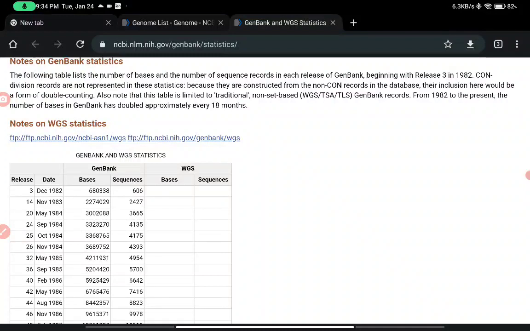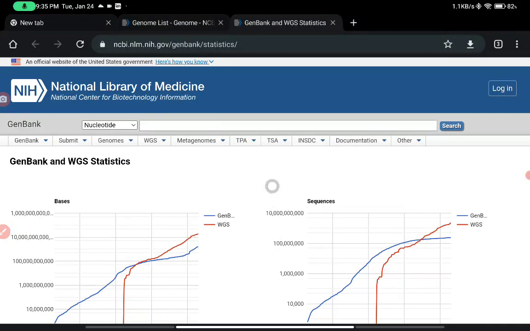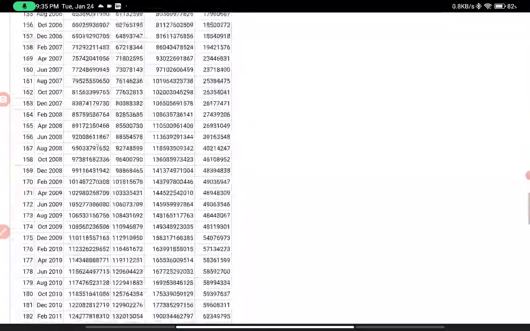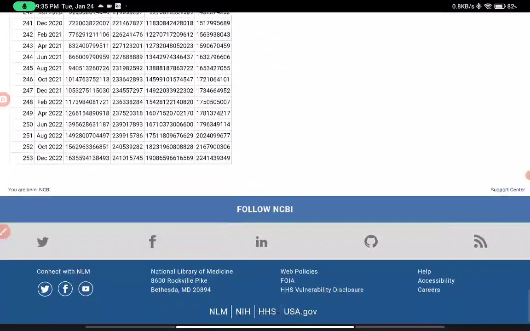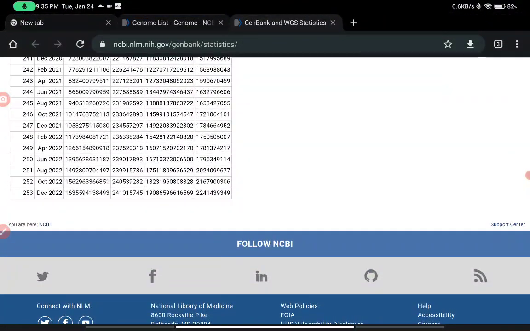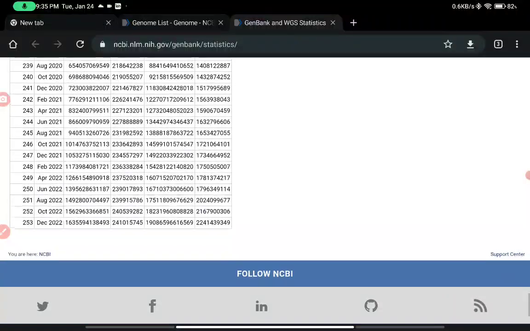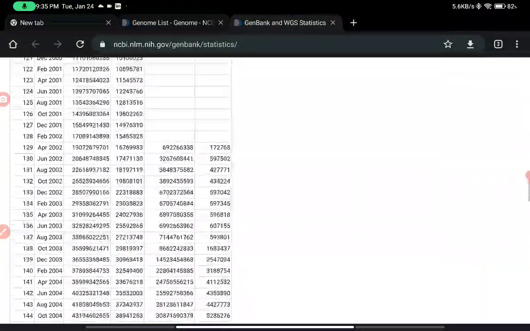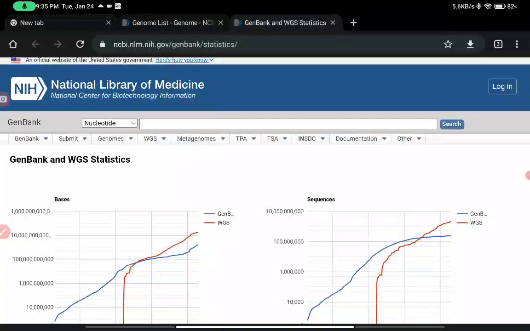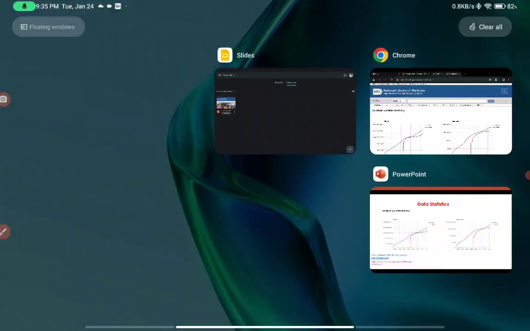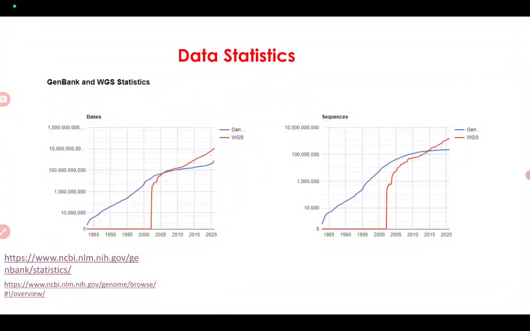For example, it started in 1982, and after that it has increased in such a way that, till December 2022, this much amount of data has been submitted to NCBI. So there is a huge exponential amount of data available in our database.